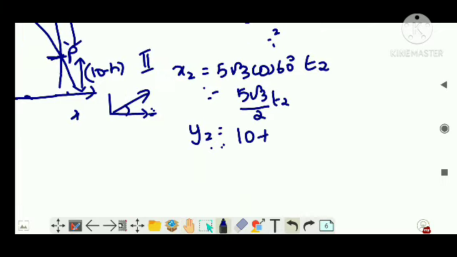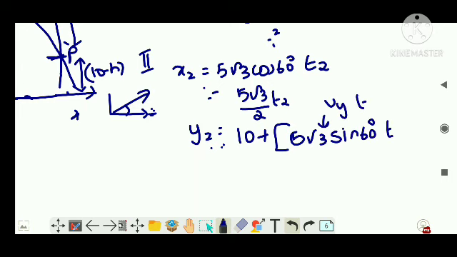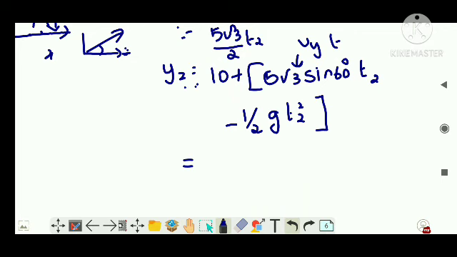Now how will I write h? It is 5 root 3 sine 60 ut, that is uyt. This is uy for the second ball. 5 root 3 sine 60 t plus, oh, it is minus, since it is falling. Minus half g t2 square. This is also t2, for the second ball. This much clear?